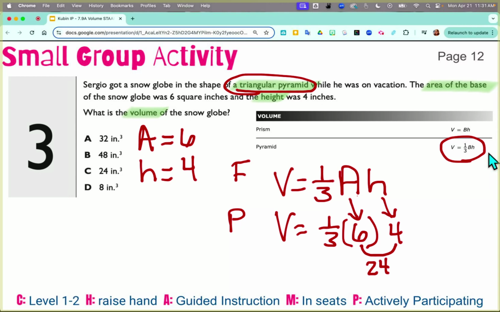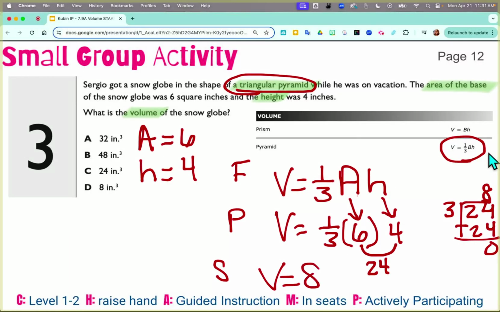And a fraction just means to divide. So it's 24 divided by 3, which is 8. So the volume is 8. And there's my answer.